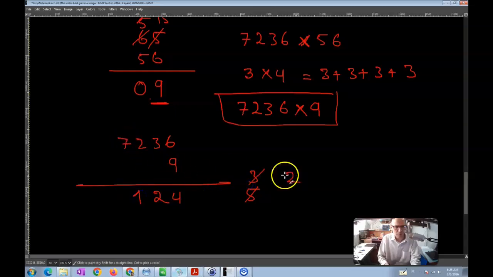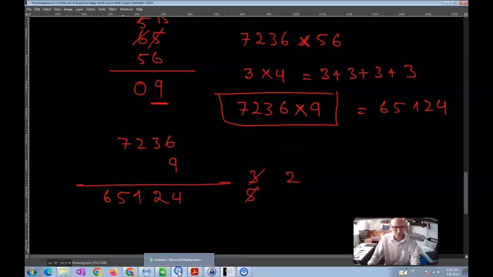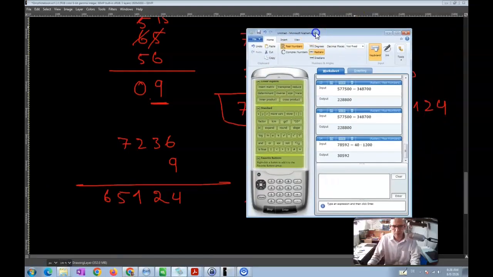And 9 times 7 is 63. 65. That's 65,124. So this is supposed to be 65,124. I just want to make sure that I didn't make any mistakes. So 7,236 times 9 is 65,124.